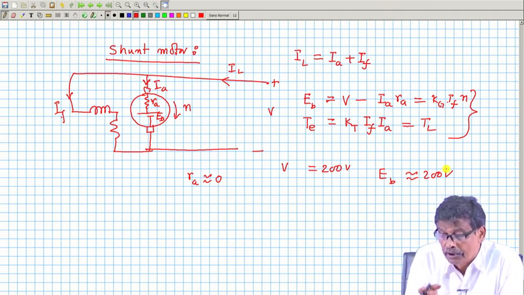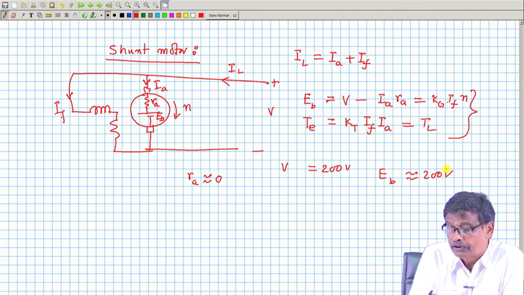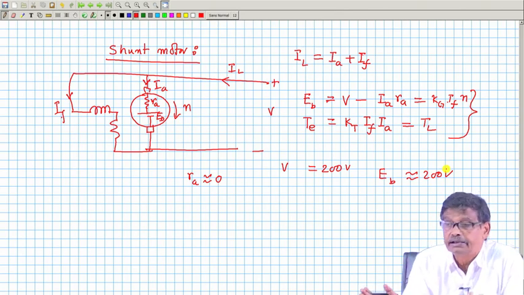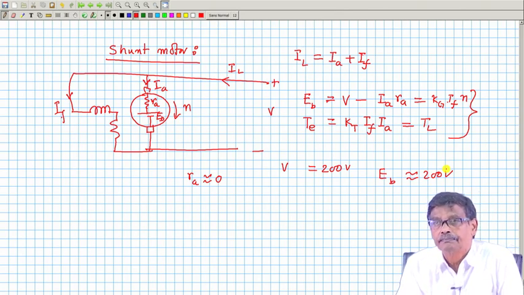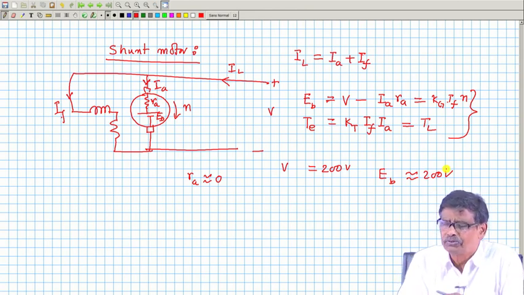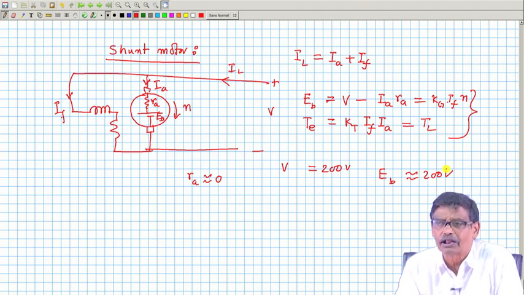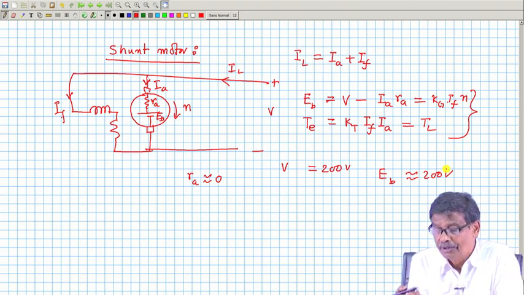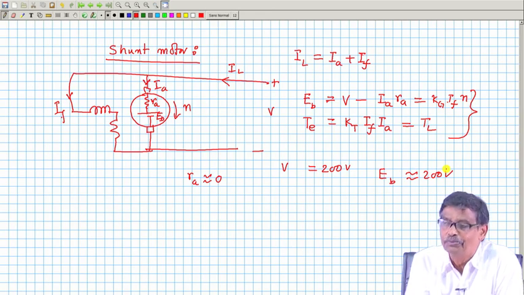And when I say 200 only, no matter at what speed and what armature current it is drawing, because I R A drop is negligibly small. Suppose here I have used very good conducting material for the armature, so that resistance is very small. Then you must understand that the back EMF is going to be V.